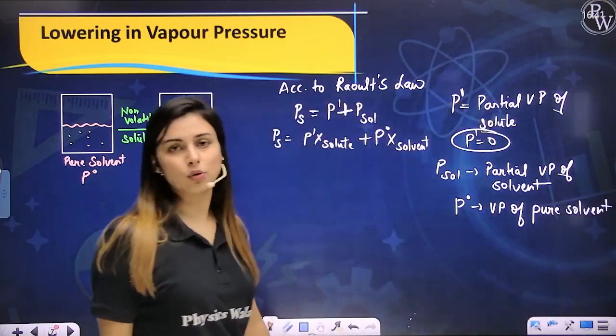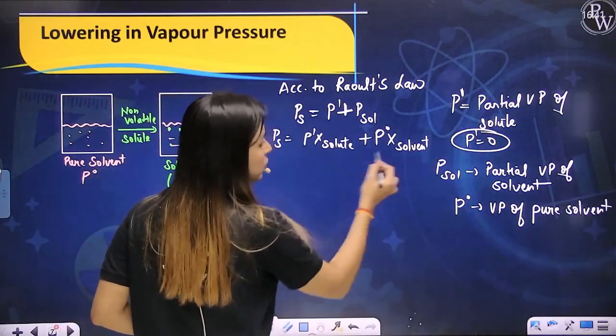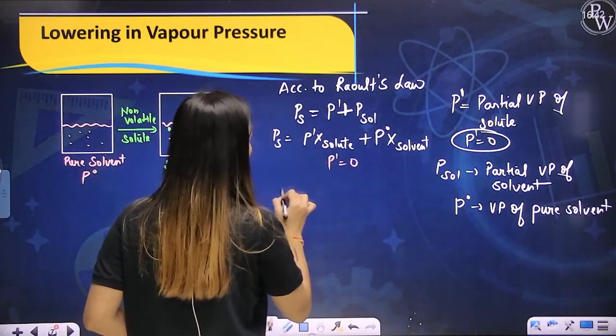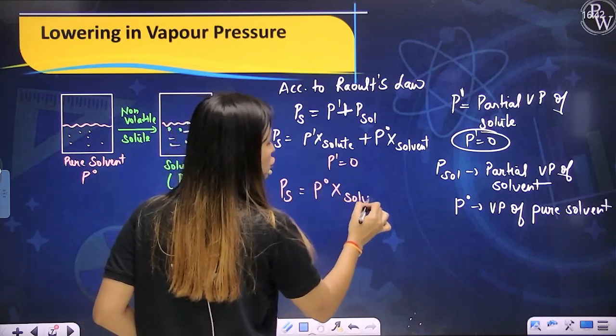P dash is equal to 0 since the solute is non-volatile, so it will not have any vapor pressure. I hope this is clear. So PS came out to be P naught into mole fraction of solvent.